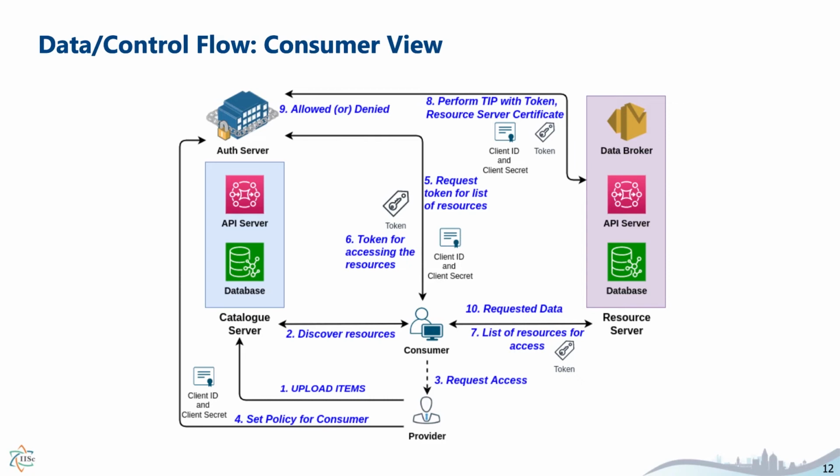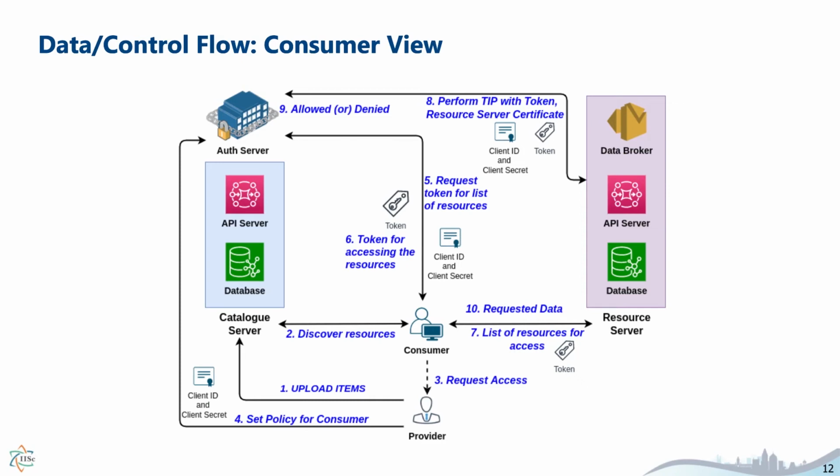Since a policy exists, which has been set in step 4, the authorization server responds back with the token for accessing the resource. The consumer then in step 7 gives a resource ID and the token which it got from the authorization server to the resource server.